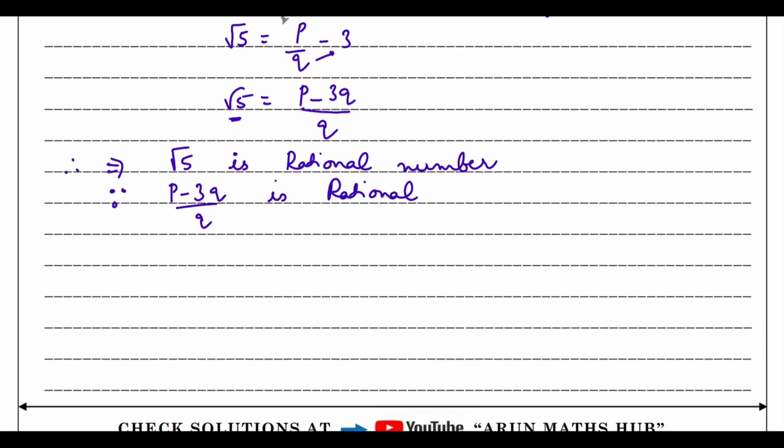But root 5 is what? Root 5 is an irrational number.